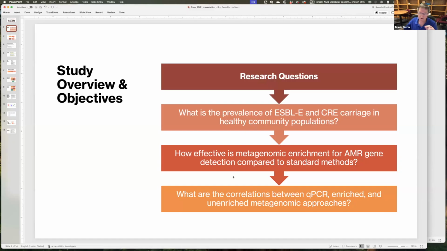What's the sensitivity of shotgun metagenomics versus enrichment of those metagenomic libraries, which would tie back to the second talk in this series? And third, can we correlate the results from a more standard qPCR assay versus what we would get from sequencing? So again, we're trying to tie together the different technologies that you've seen presented in this series.